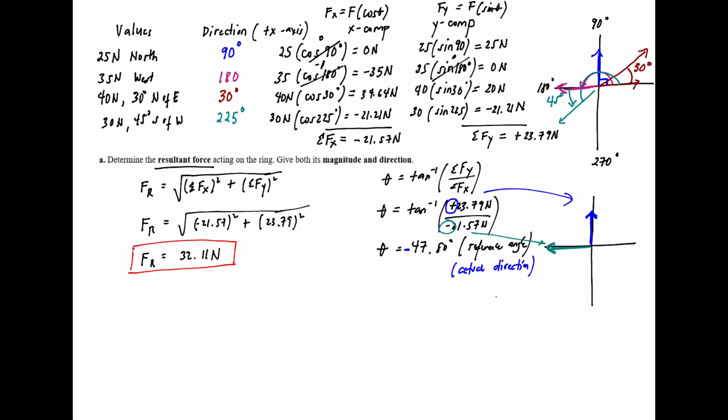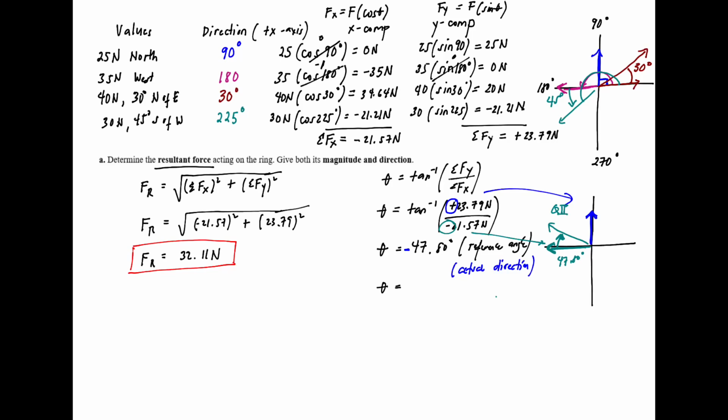And so we say the angle belongs to quadrant 2. And so that means 47.80 from the reference angle. And so what is now our proper angle?